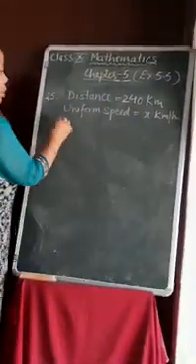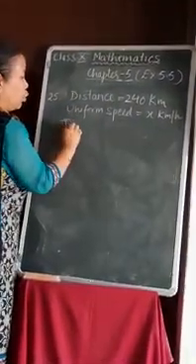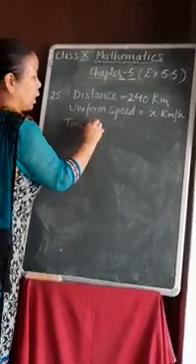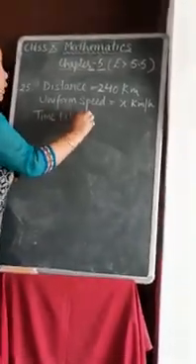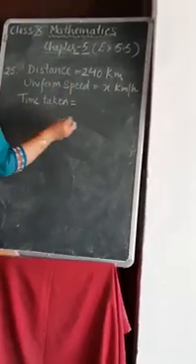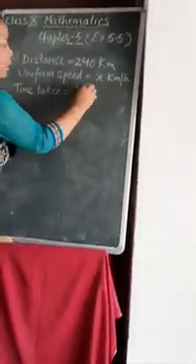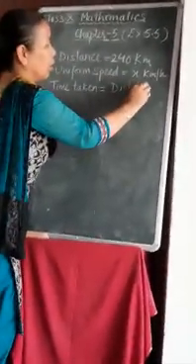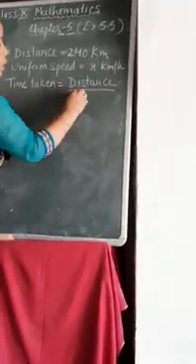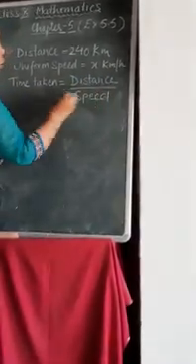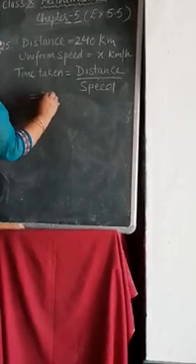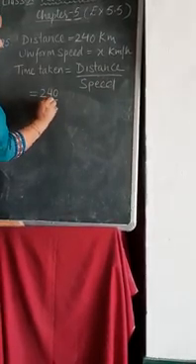Now the time taken by the bus to cover the distance: the formula to find the time when the speed and distance are given is time taken equals distance upon speed. So this will be equal to 240 upon x.